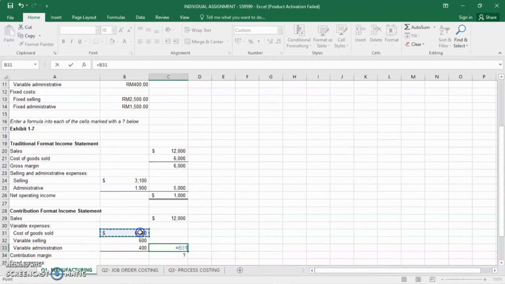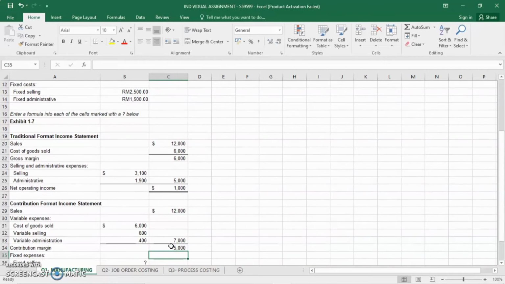And the total variable expenses, cost of goods sold plus variable selling plus variable administrative. And to get contribution margin, sales minus total variable expenses and get 5,000.